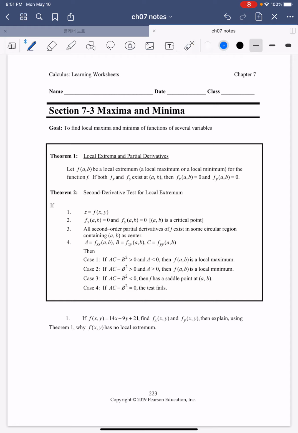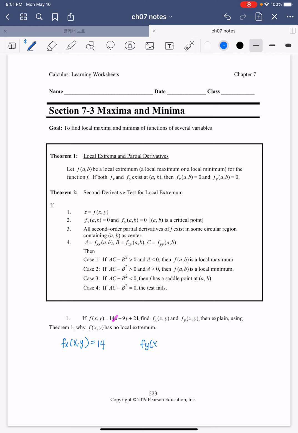We did that last chapter, last section. So first, f sub x means I'm taking the derivative with respect to x. So x is my variable. The derivative of 14x will be 14. And the remaining terms will be just 0 because they are constants.